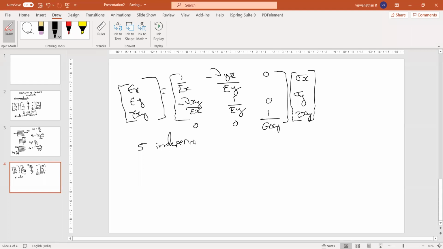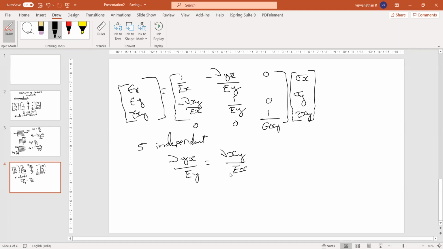But there is one relation which can be obtained. I'm not going to derive this; we'll see the derivation later. This term and this term are equal, but note this: nu yx by Ey is equal to nu xy by Ex.